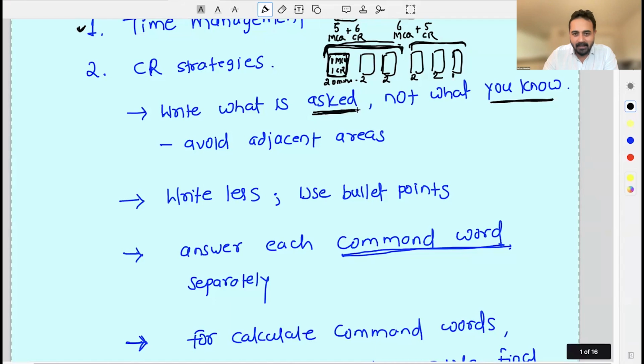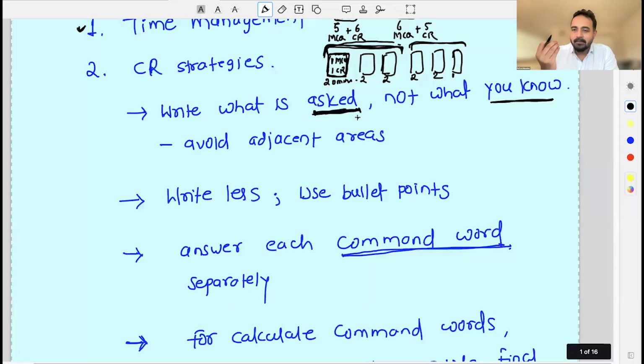The question asked you to identify. So you try to answer specifically what you've been asked. Again, when I grade papers of level 3 candidates, this is the most common mistake people make, that they end up writing unnecessary explanation, which the question is not really asking.